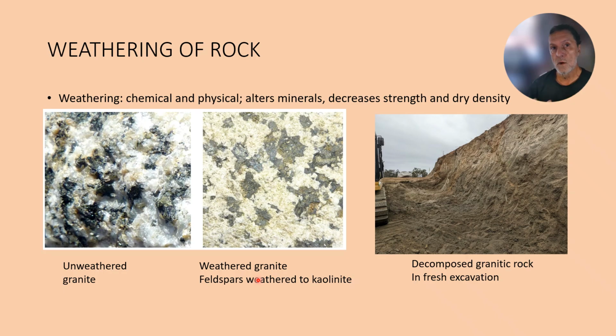Feldspars included in the original granite rock are notorious for weathering to clays, and therefore the rock mass becomes more weathered, weaker through time. Here we have a fresh excavation where we have decomposed granite, which is still pretty dense and has good bearing values, but it's not as dense and strong as fresh granite, for example.